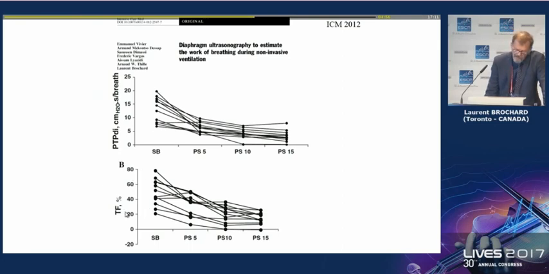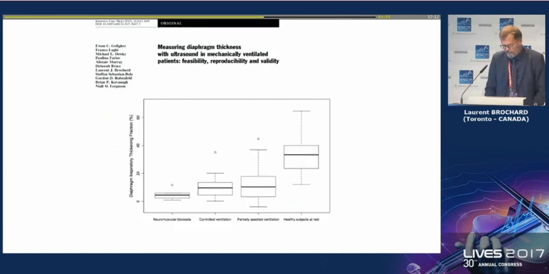Well, this is exactly what we see with the thickening fraction. You see a very nice correlation between the change in thickening fraction without pressure support and with increasing levels of pressure support. So you have the information of how much the diaphragm is working, and we know a little bit now about the normal value and the values below the normal threshold.